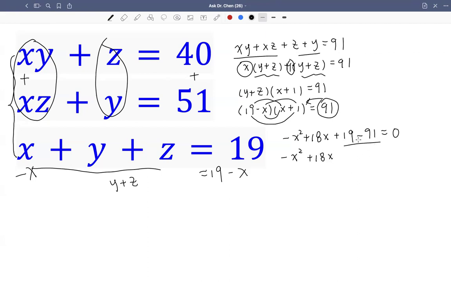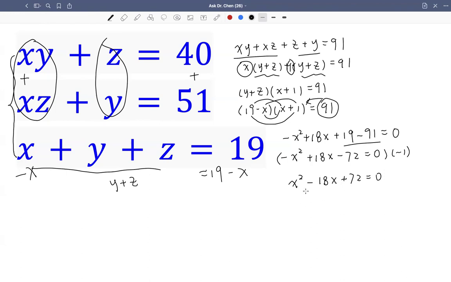And 19 minus 91 is negative 72, because 72 plus 19 is 91. Now let's multiply every term in the equation by negative 1, so we change the leading term x squared to be positive. Now 18x becomes negative, negative 72 becomes positive 72. Well, 0 is still 0, since 0 times anything will be 0.